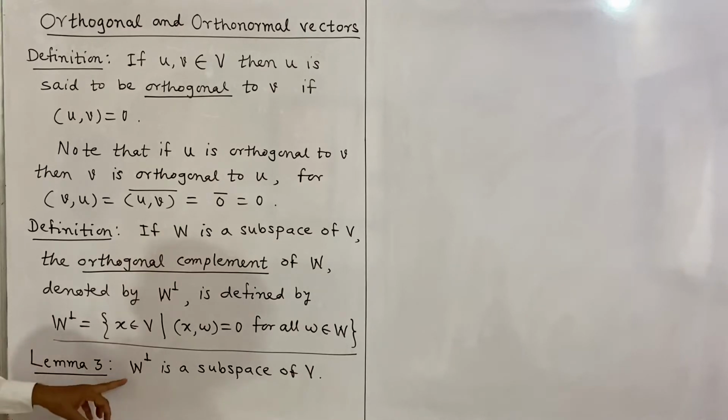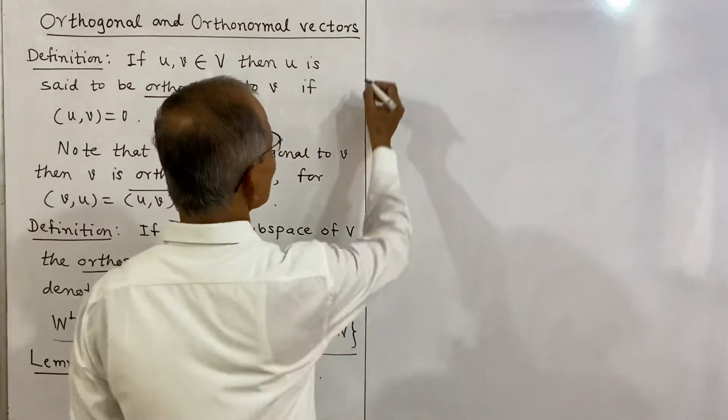And we will now consider this result, that the orthogonal complement of W is a subspace of V. For this purpose we shall prove this lemma now.